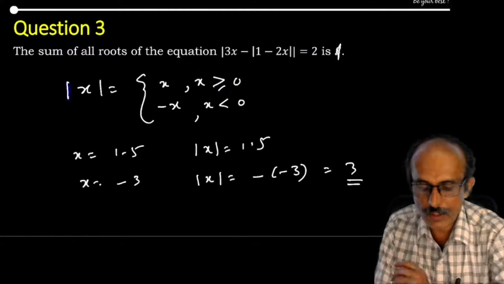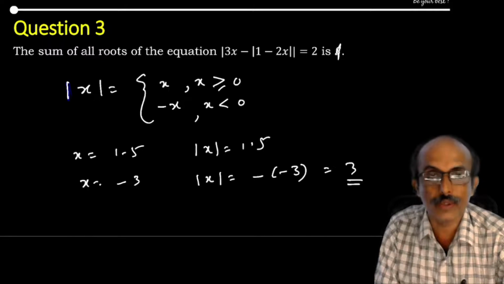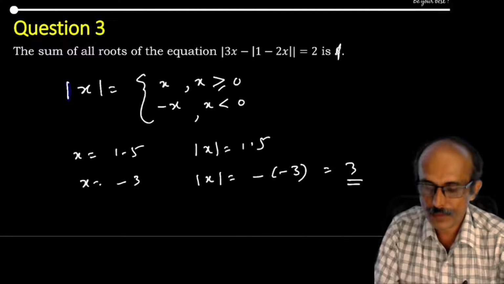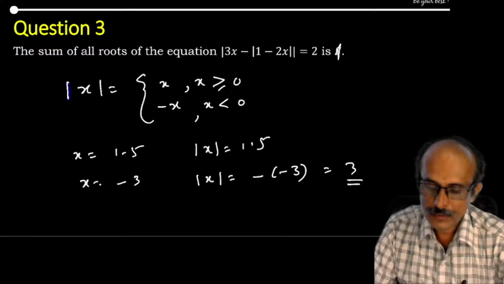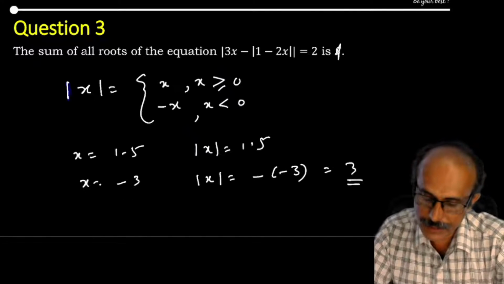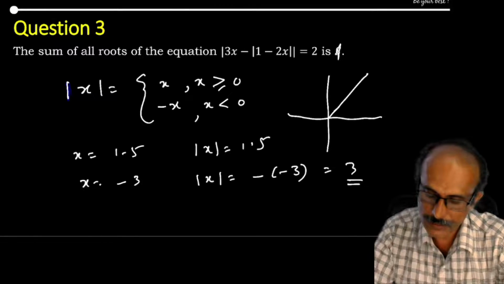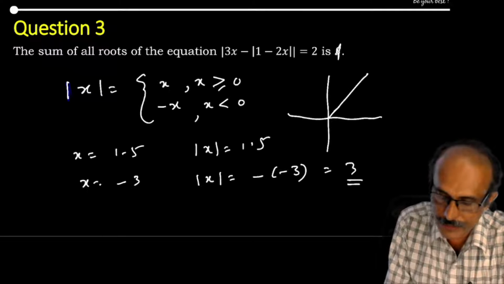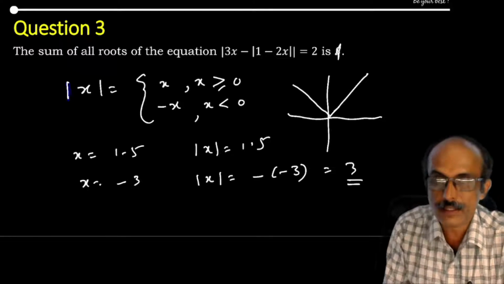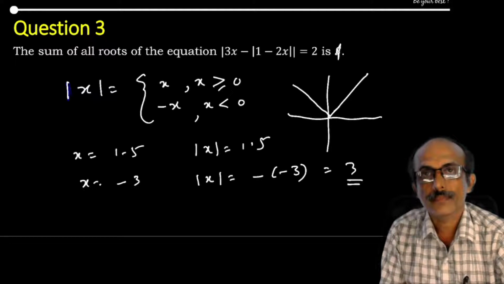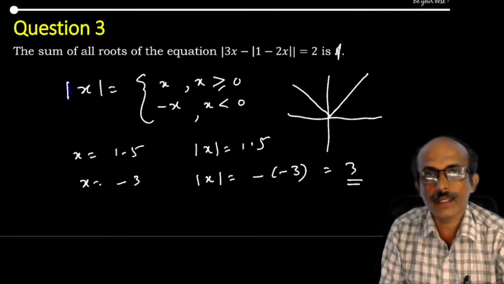For non-negative values it is y equal to x, and for negative values it is defined as y equal to minus x. So basically we have a graph for this which is shown here. For positive values it is y equal to x, a straight line, and for negative values of x it's minus x, a straight line like this. So that is the graph of mod x.